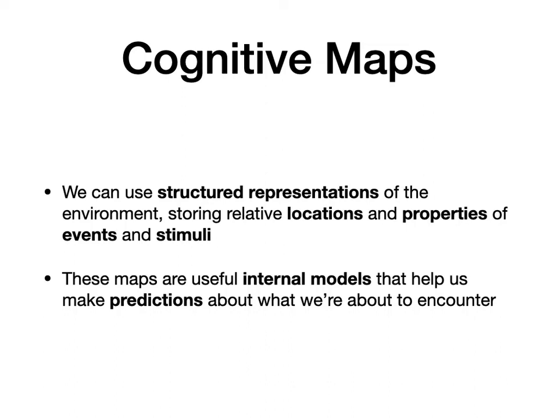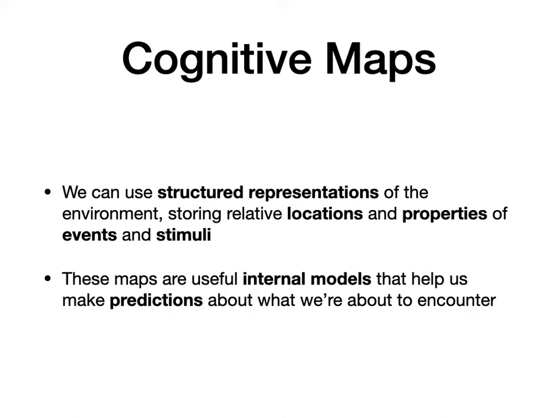So we can use structured representations of the environment, storing different locations and their relative locations, right? So this thing is to the left of this, and this thing is further to the right of that. And all the properties and events and stimuli, everything that we experience in the world and see happen in the world helps us start to structure this internal map.